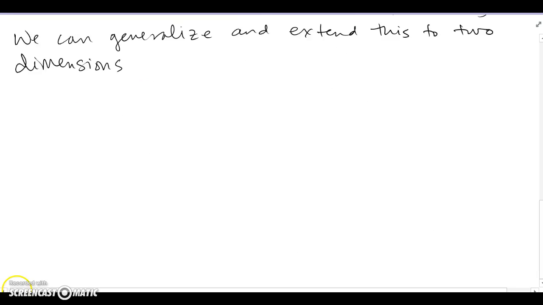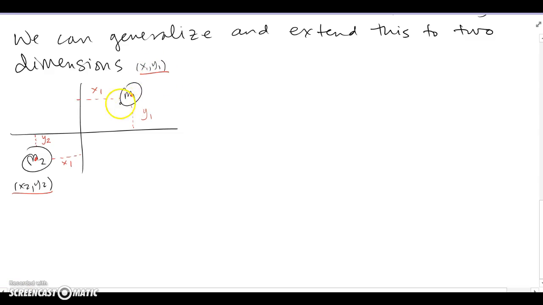So it doesn't matter where I position my 0, it just makes it easier to put a 0 there. So we can generalize the idea we just talked about and extend it to 2D, where my masses are placed somewhere along the x and y axis. Not actually x and y axis necessarily, but somewhere in a two-dimensional system. Let's say I put my M1 there and I put my M2 there.